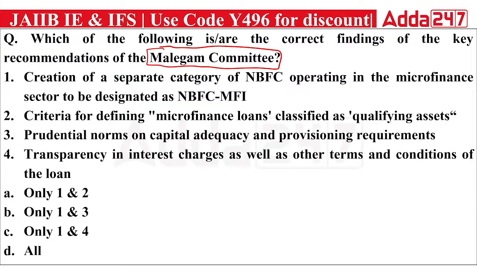First is saying creation of a separate category of NBFC operating in the microfinance sector to be designated as NBFC-MFI. Second is saying criteria for defining microfinance loans as qualifying assets. Third, prudential norms on capital adequacy requirements. Fourth, transparency in interest charges as well as other terms and conditions of the loan. So out of these, which are the correct findings?